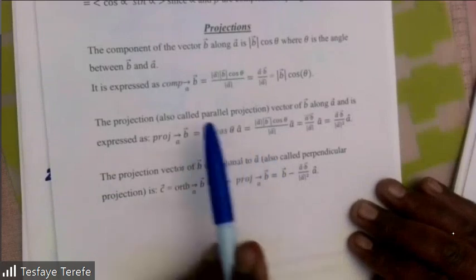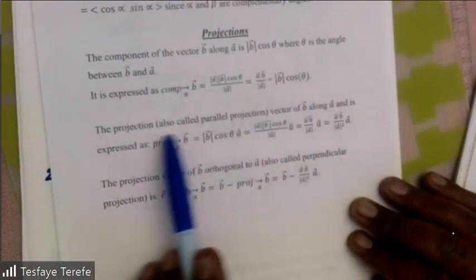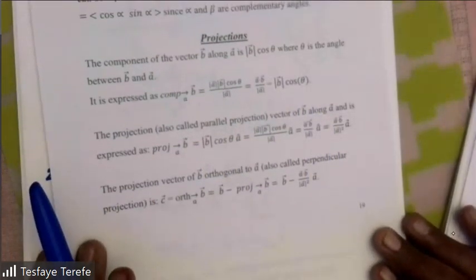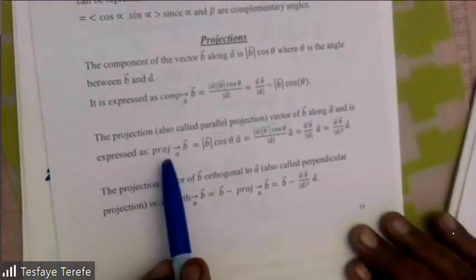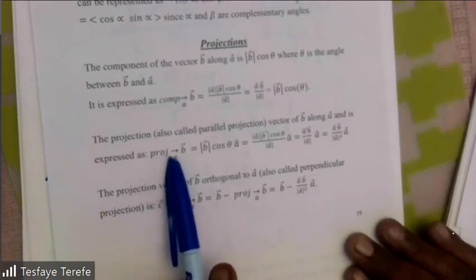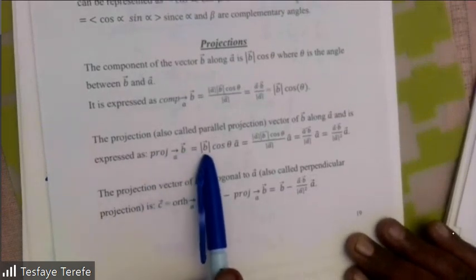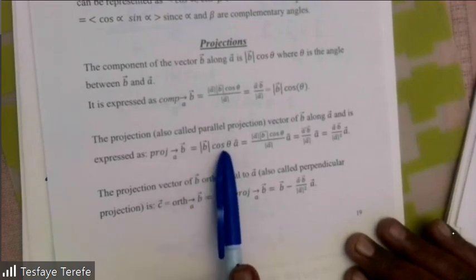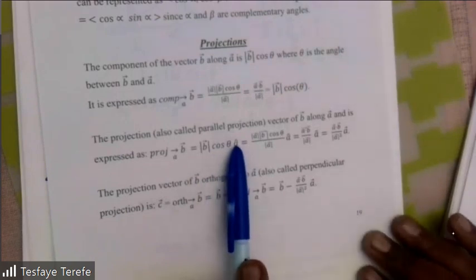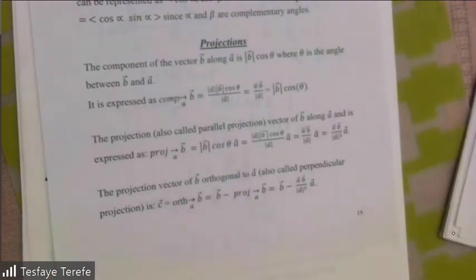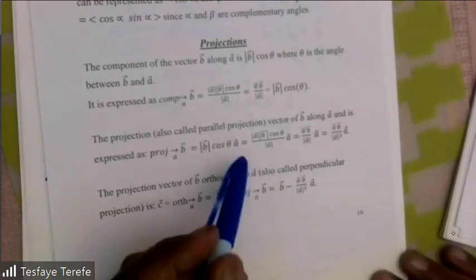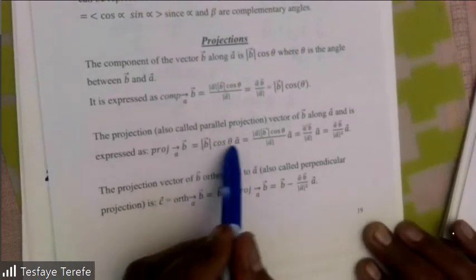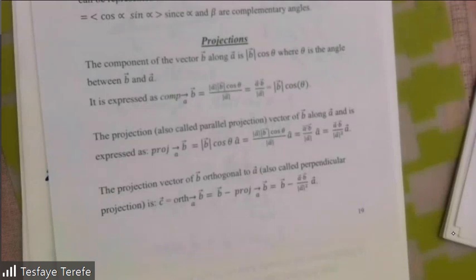Okay, so here is what I explained. The component is going to be this, and by the way, this is a scalar. If you want to make it a vector projection, we call it, instead of component, the vector projection of B onto A. That means the norm of B multiplied by cosine of the angle, multiplied by a unit vector, because in the direction of A, you have to have a unit vector. When you multiply by the unit vector, this value will not change because the magnitude of a unit vector is 1.